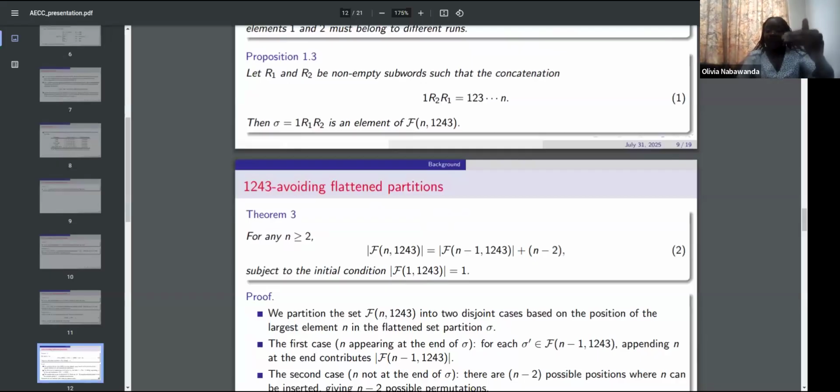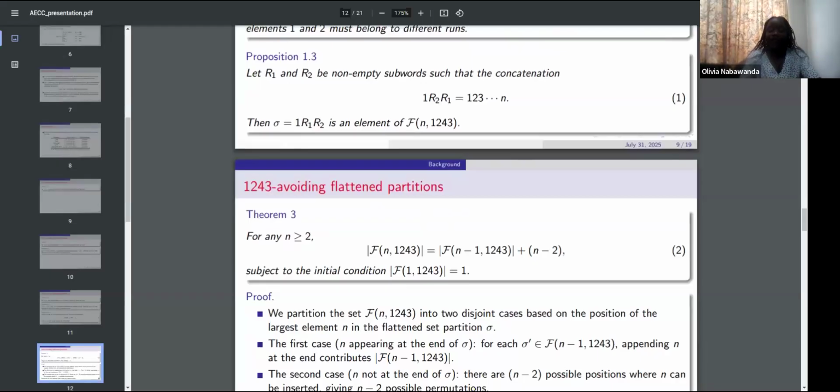And now, using those three properties above, we're able to come up with a combinatorial proof of this recurrence relation. So the sequence that I showed you above satisfies this recurrence relation subject to this initial condition, and we're able to give a combinatorial proof for this, but it was mostly relying on these three properties that I've talked about.